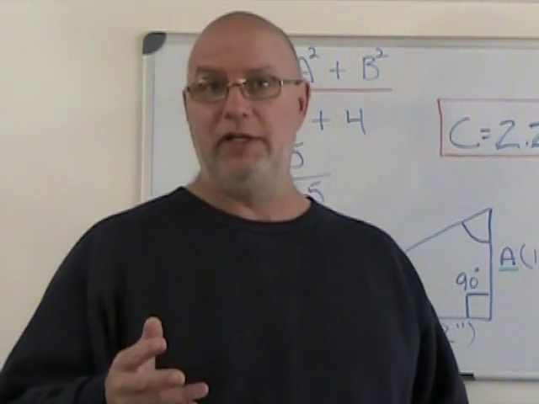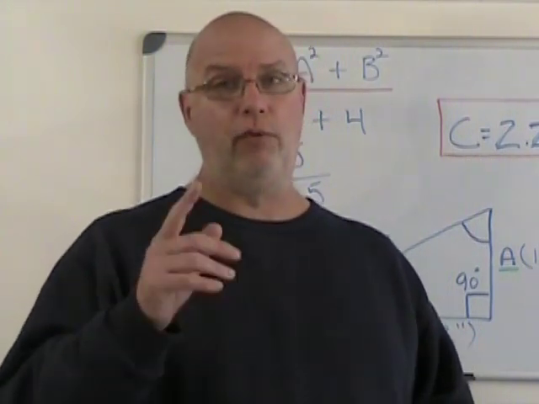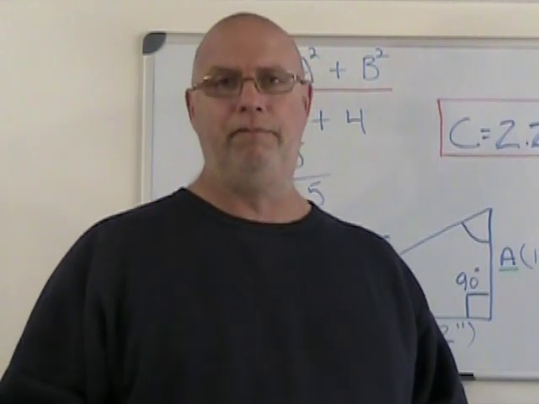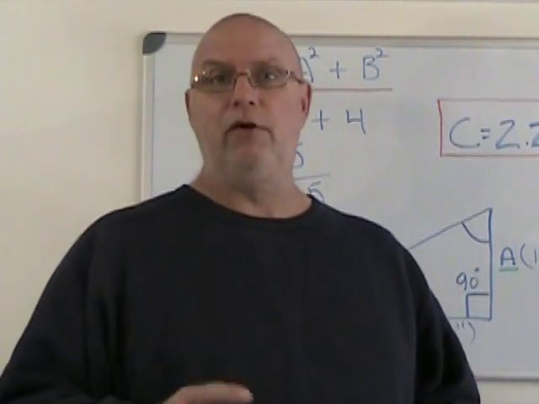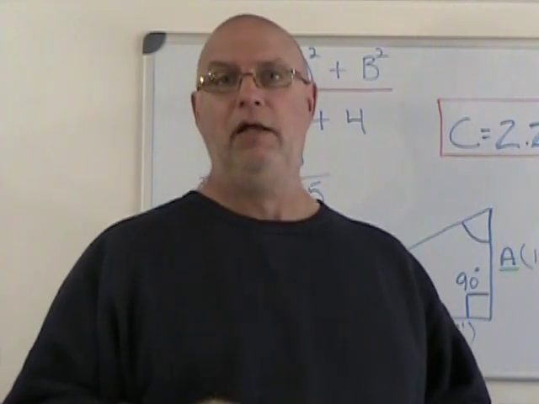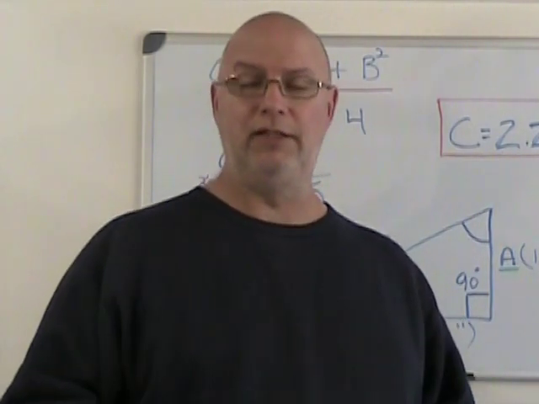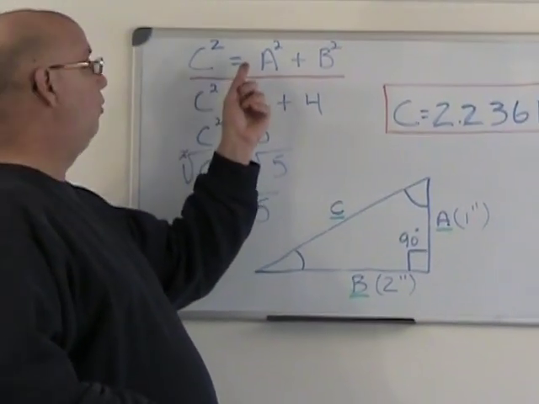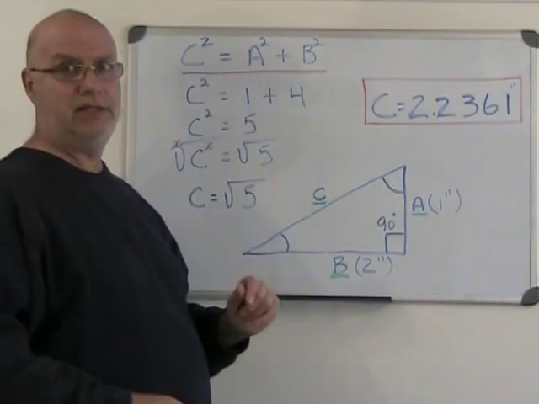Another ace up your sleeve for resolving right angle triangles is the Pythagorean theorem. The Pythagorean theorem can help you find the length of one of the sides of a triangle if you know the 2 other sides. And it goes like this: C squared equals A squared plus B squared.